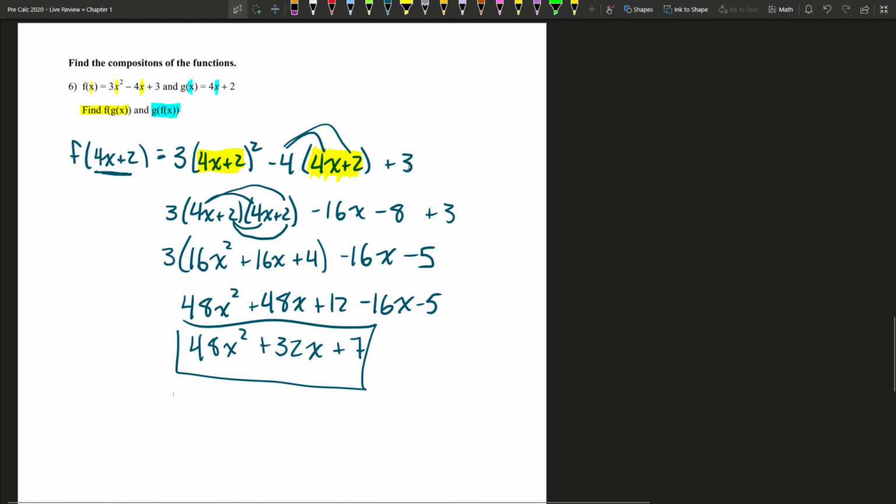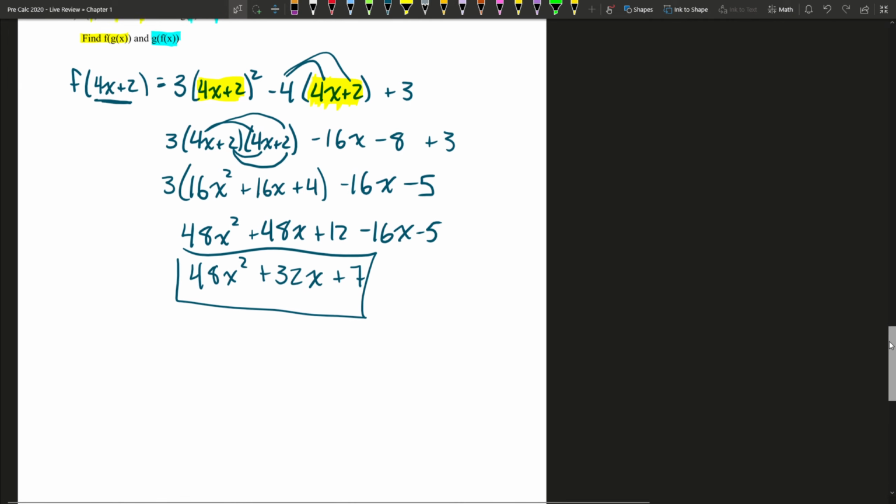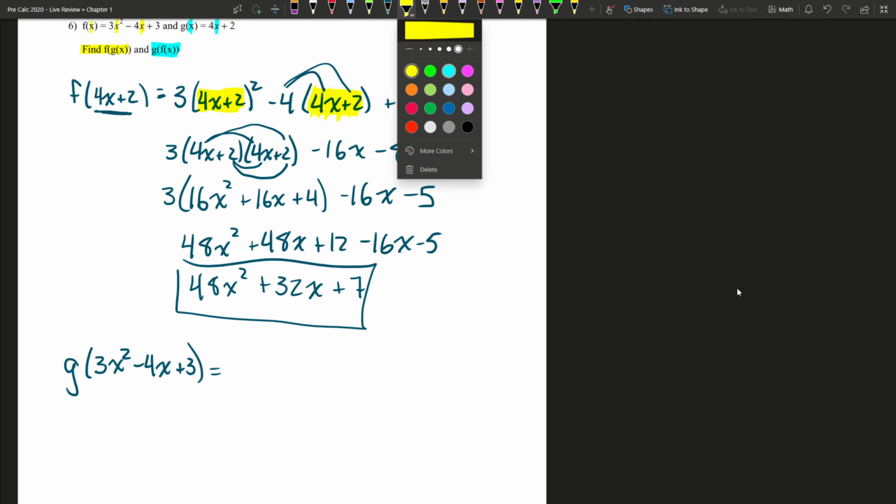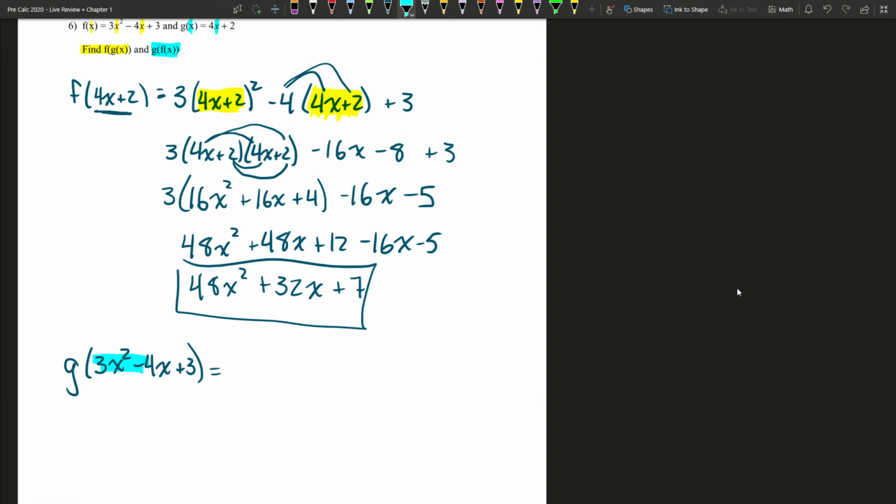For g of f of x, it's a little bit easier. We have g of 3x squared minus 4x plus 3. Again, this is our new input into g, so we have to multiply that by 4 and then add 2.